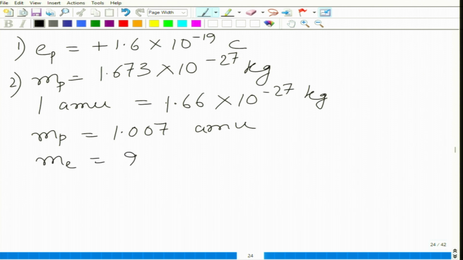Okay. Similarly, what was the mass of electron? Mass of electron was 9.1 into 10 to the power minus 31 kg, right?